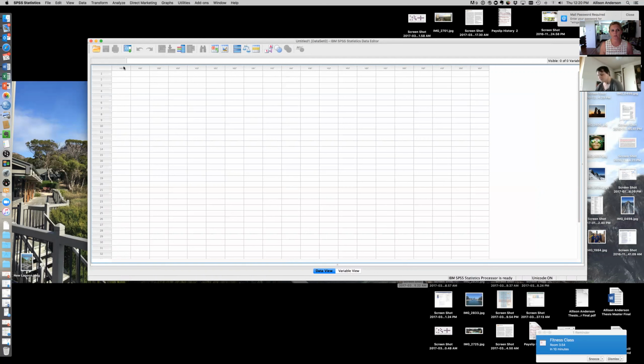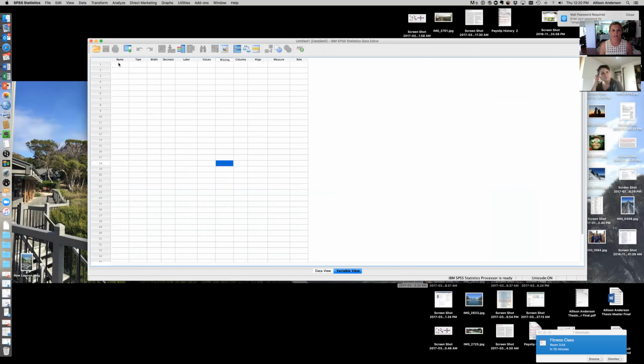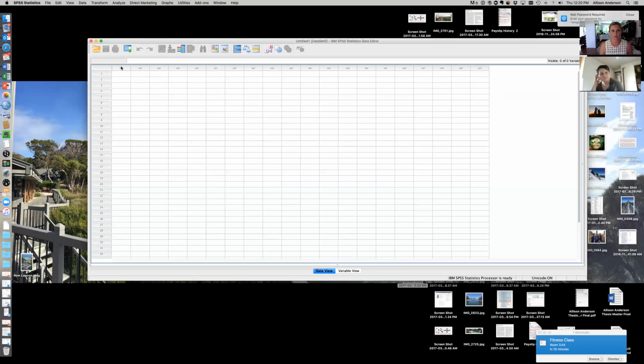So you'll have the record number, male or female, gender, those kinds of things, and each one will be broken down. How you set each of those columns up is by going into the variable view. Each one of these is one variable. So variable number one there is this variable number one here. I hope that makes sense.